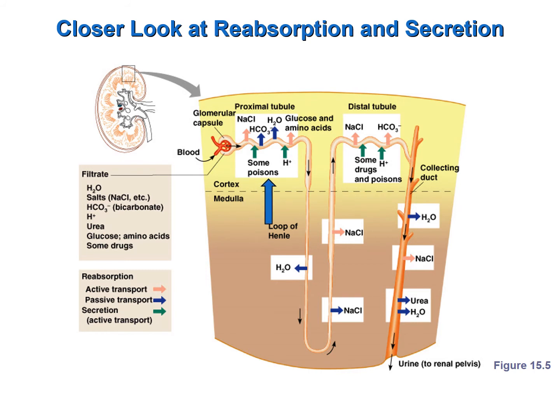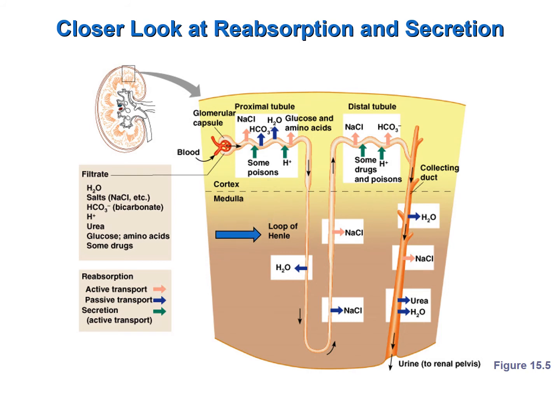In the proximal convoluted tubule, this is where most reabsorption and most secretion occurs. 100% of glucose, amino acids, and other organic nutrients are reabsorbed here, and most ions such as sodium and chloride and bicarbonate are reabsorbed here as well. Most secretion of poisons and excess ions, such as hydrogen ions, occurs here as well.